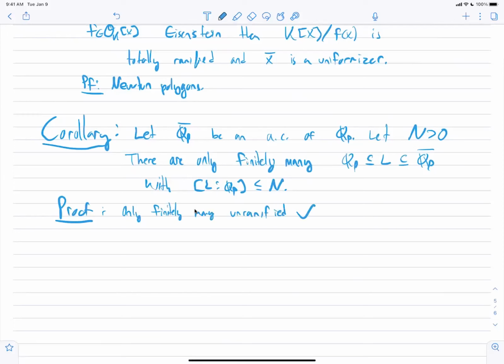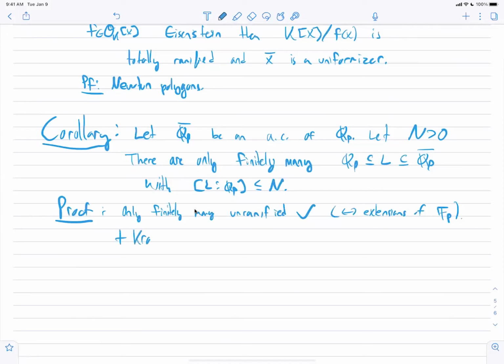That's easy because that's just extensions of finite fields of F_p. There's a unique extension of F_p of degree n for any n, so that's not so bad. And then to get all extensions, you have to go up to one of these finitely many unramified ones, and then also take a totally ramified extension of that.